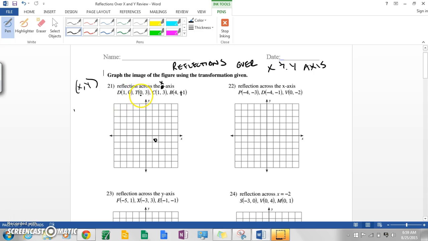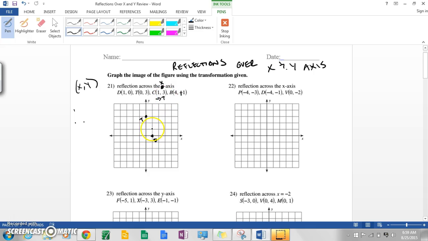The second point T has a 0 in the x, so we do not move in either direction of the x. We just move up 3. 1, 2, 3. T. C is 1, 3, so we have to move to the right 1, up 3.